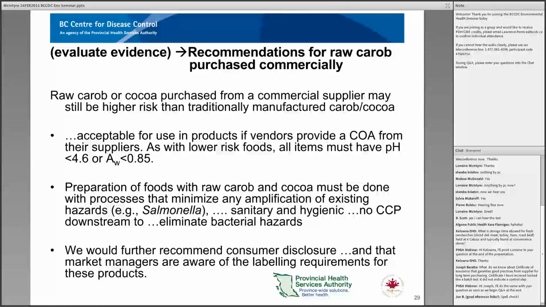We also said that the preparation of the foods with raw carob and cocoa must be done with processes that minimize any upstream amplification of existing hazards, such as salmonella. It has to be sanitary and hygienic.